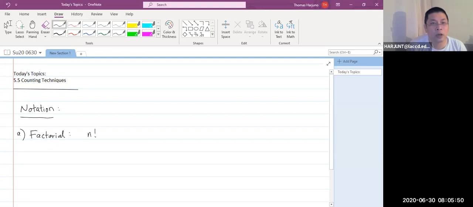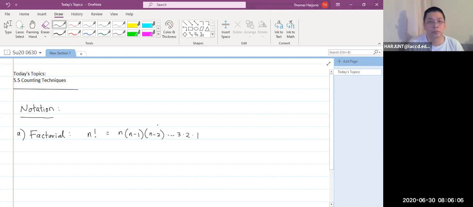Factorial means n times n minus 1 times n minus 2 all the way to 3, 2, 1.